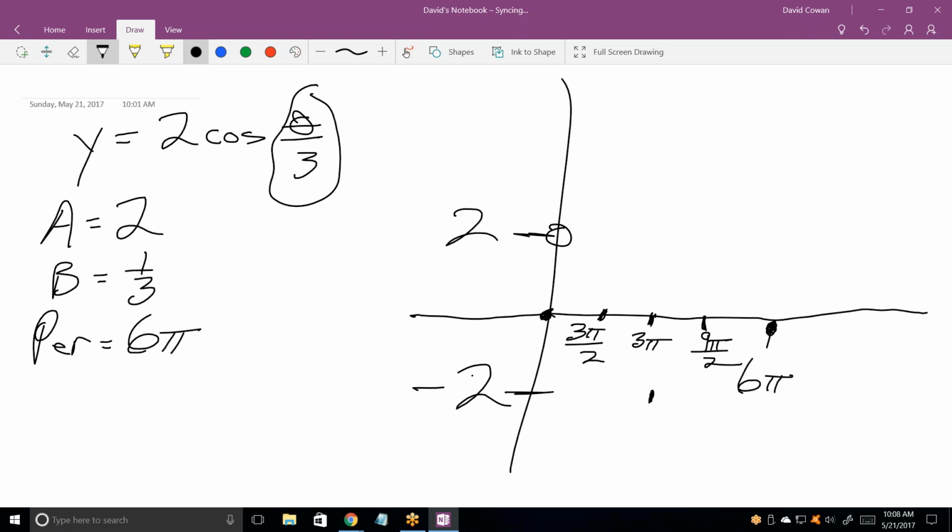Okay? And I'm starting there, meaning I know I'm going to put an X there, an X there, an X there, an X there, and I'm going to connect to my starting spot. And now all I have to do is draw a cosine curve that goes through those X's. Cool. I get a much better looking cosine curve.